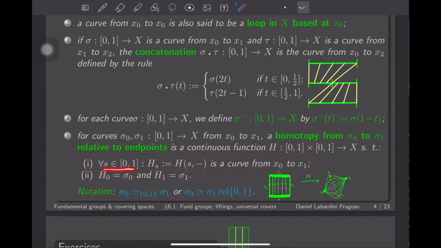So at each point in time of the deformation, I have a curve from x0 to x1, and it is this that relative to endpoints makes reference to, because I'm asking that each of these intermediate curves has the same endpoints as sigma naught and sigma 1, and of course that the deformation starts with sigma naught and ends with sigma 1.